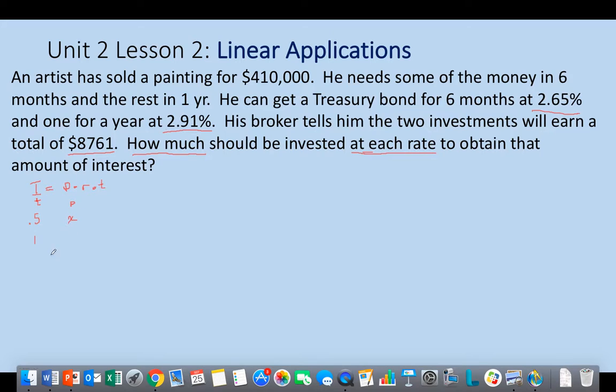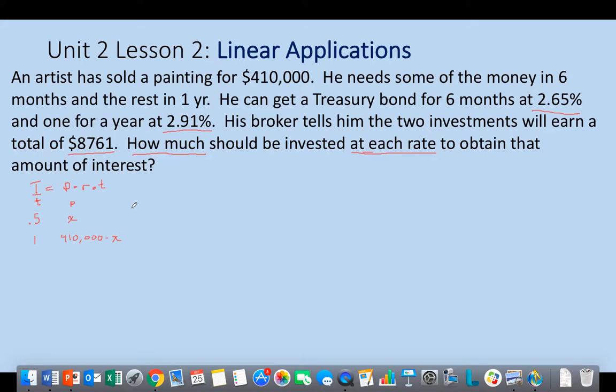But for the other one, however much I invest in the second one for a year, I'm going to say that's the original amount I started with, 410,000, minus whatever I invested in the first one. So if I invested $1 in the half-year thing, then I would have 410,000 minus $1 invested in the 1-year thing.